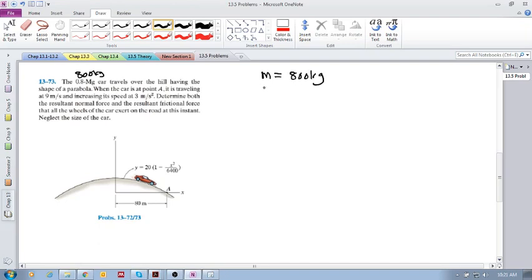We know that at point A, we have the velocity of 9 meters per second and increasing its speed, which is a_t, of 3 meters per second squared. Okay, then the question is what? Determine the normal force and determine the frictional force.